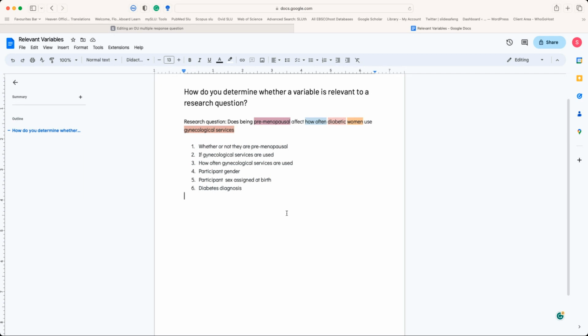Another thing you should be aware of is that there are different ways that you can phrase your variable so that it either comes out as a numerical value or as a categorical value. I'm going to use: if gynecological services are used.